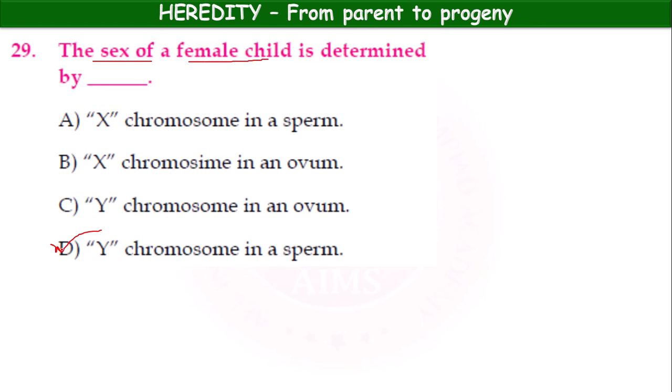The answer is the X chromosome in a sperm. The X ovum fertilized by the X sperm forms the XX combination, which represents the girl child.